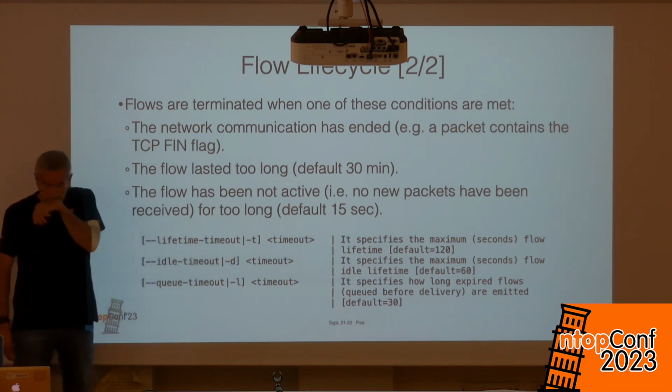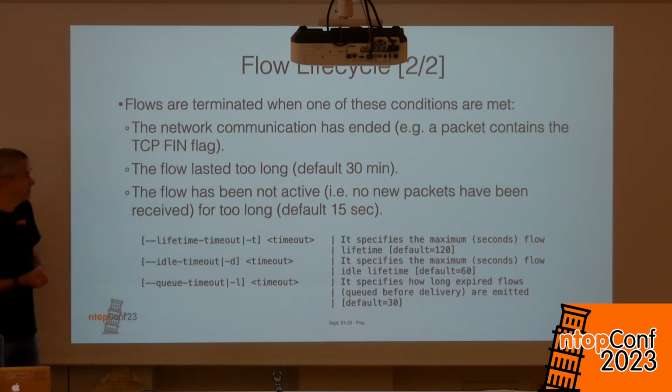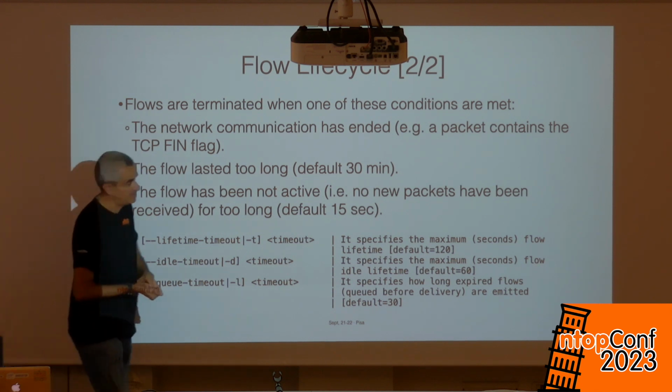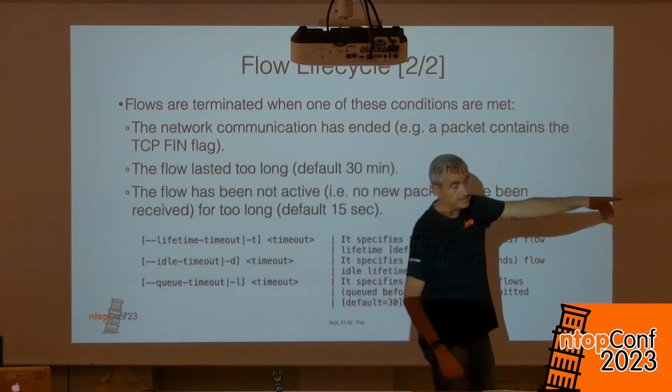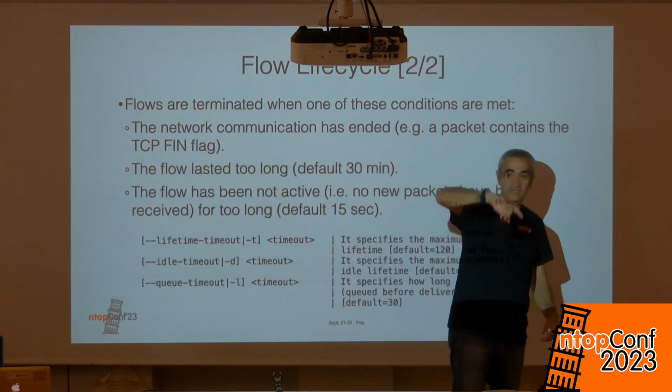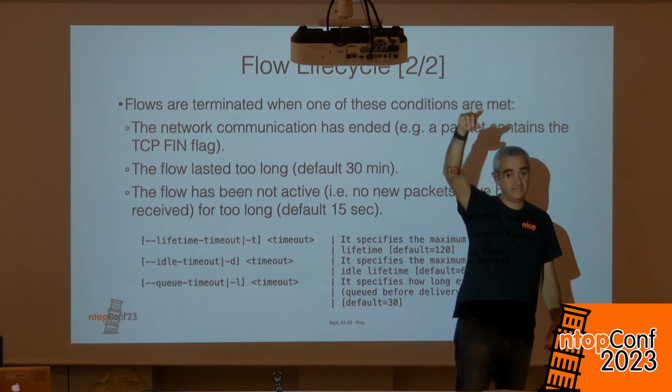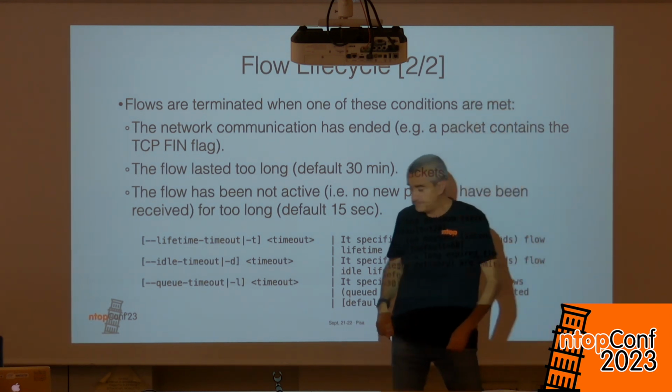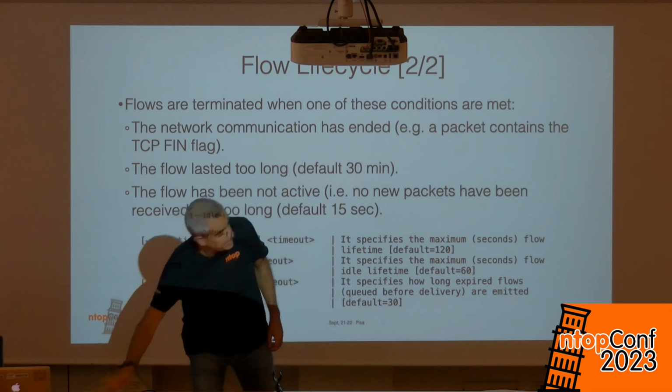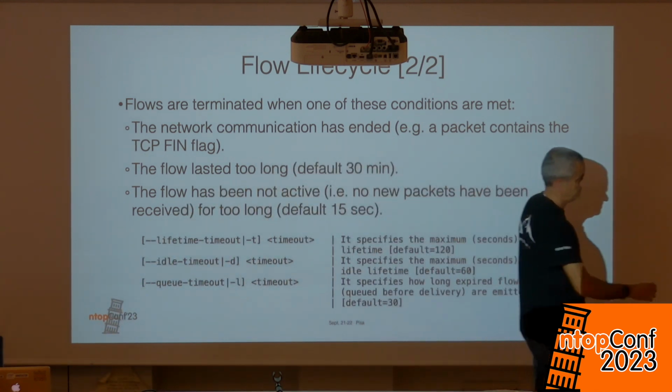In fact, many times we speak with our users, they complain that the graphs are not nice, or we see a spike in traffic that is above the capacity of the network. This is because they use very long timeouts, okay?